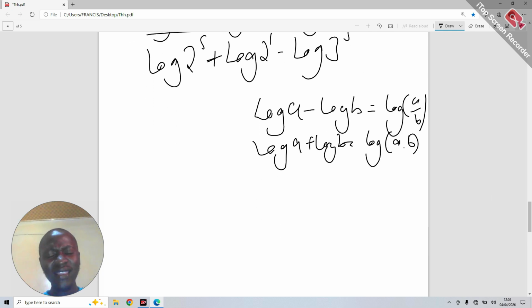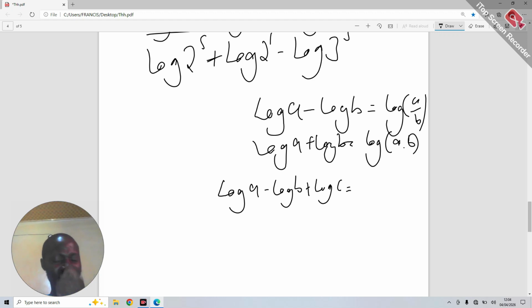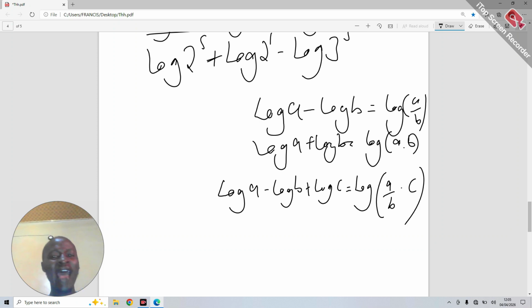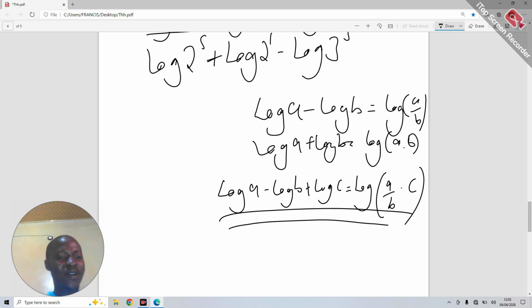There's nothing like this in a log: log A minus log B plus log C, for instance, such that you have something like log A over B then multiplied by C. No way. We don't have this type of law.